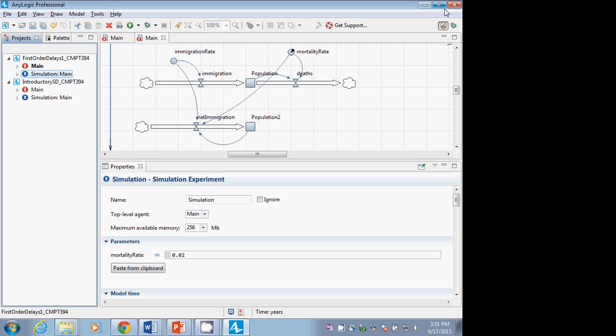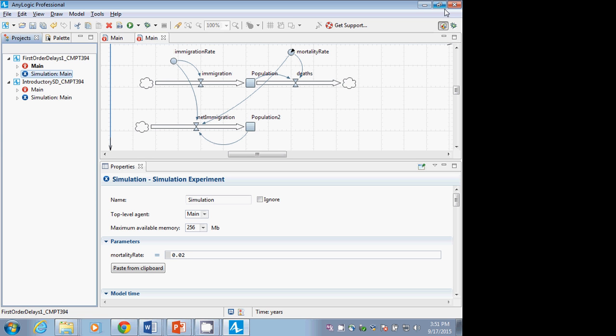And the delay here is just 1 over rate. These two things are mathematically identical. If delay is 1 over rate, stock times rate is the same as stock divided by delay.